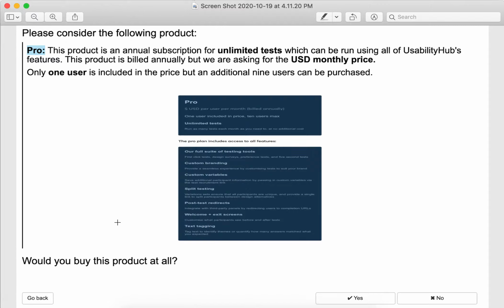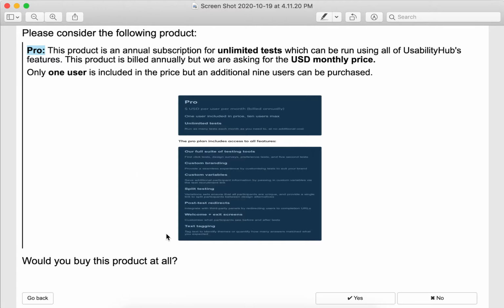So when they're saying we're asking for the US dollar monthly price, I don't know what price they're referring to. There are a lot of questions that this introduces. And then, of course, the fact that it can be run using all of UsabilityHub's features. I'm not remembering those features.